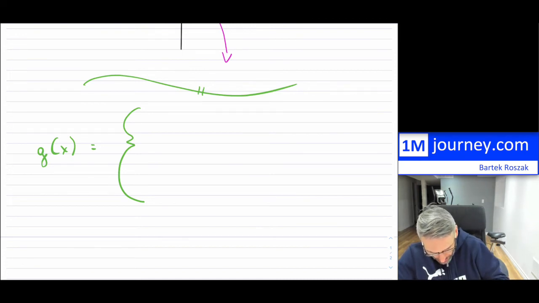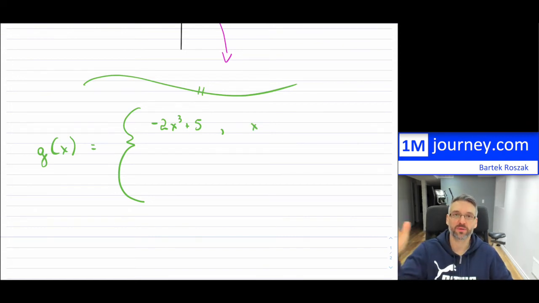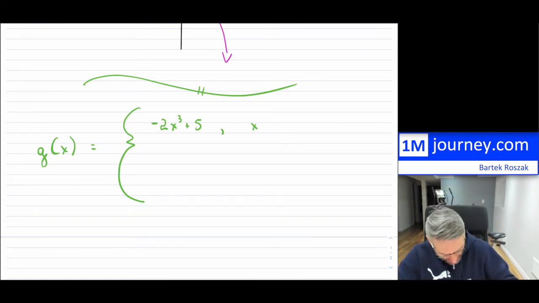Let's say that I want this particular function to be, let's say negative 2x cubed plus, let's say 5, and then comma, and this would have been defined for, let's say x, which is, so typically we go from left to right. So let's say this was going to be x, which is less than or equal to negative 3. That would have been my first piece.